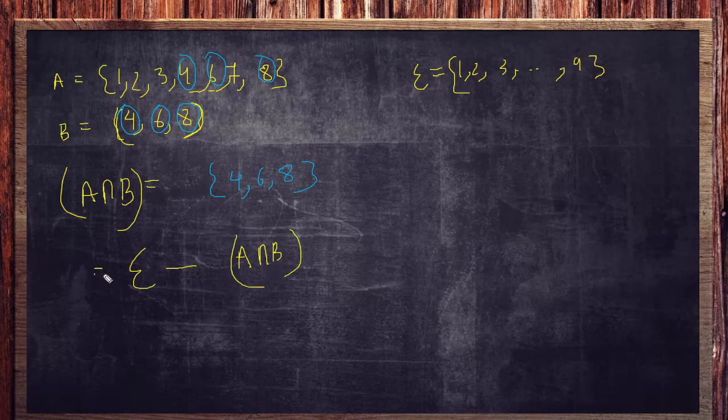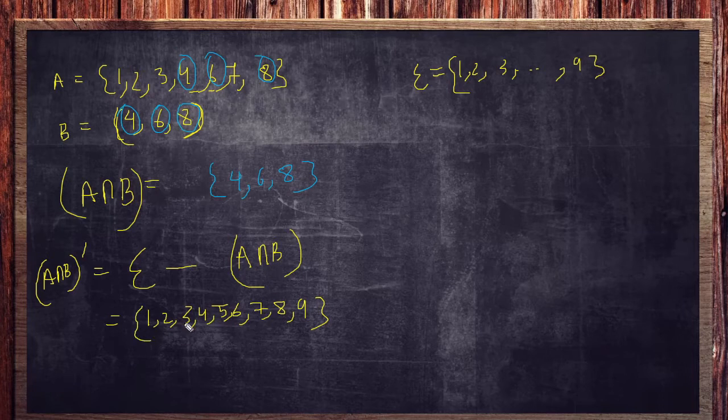That will give you A intersection B dash, very simple, as we did for the A dash. Let me write all these values: 1, 2, 3, 4, 5, 6, 7, 8, and 9. Always try to write all the values, it will be better for you.